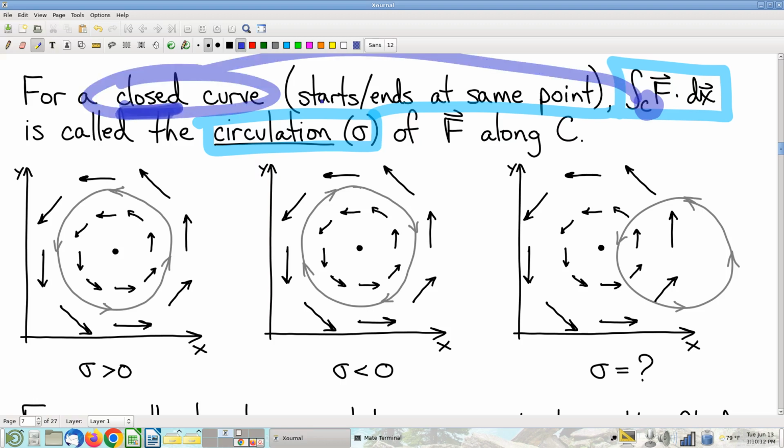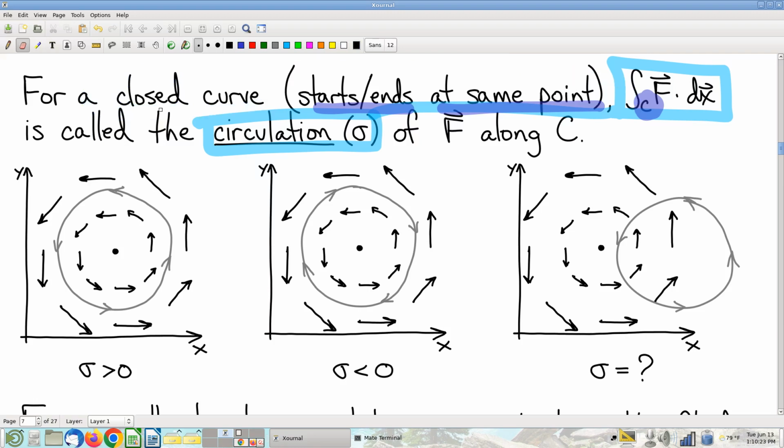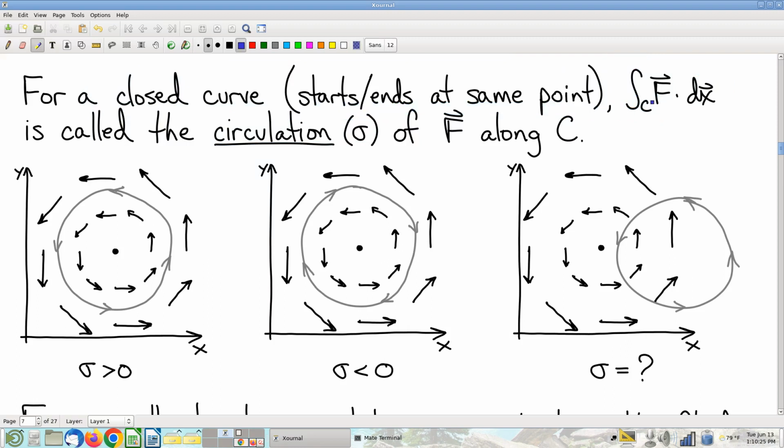Closed meaning it has to start and end at the same point. So a closed line integral is called a circulation. All right. So let's see a couple of examples. Here is a vector field. Right. And here is a curve.